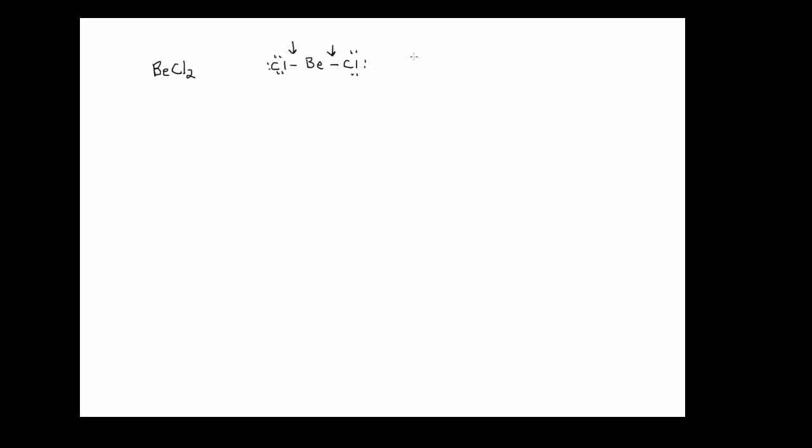We subtract 1. So this molecule, we say, is sp hybridized. All right, and it's going to turn out that sp molecules are linear. All right, so I'll just write that down. They turn out to be linear. So anything that comes up with sp hybridization is going to be linear.